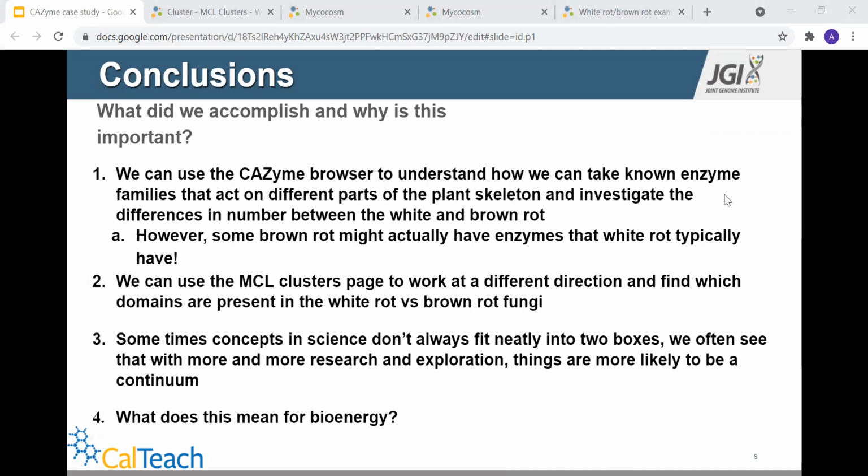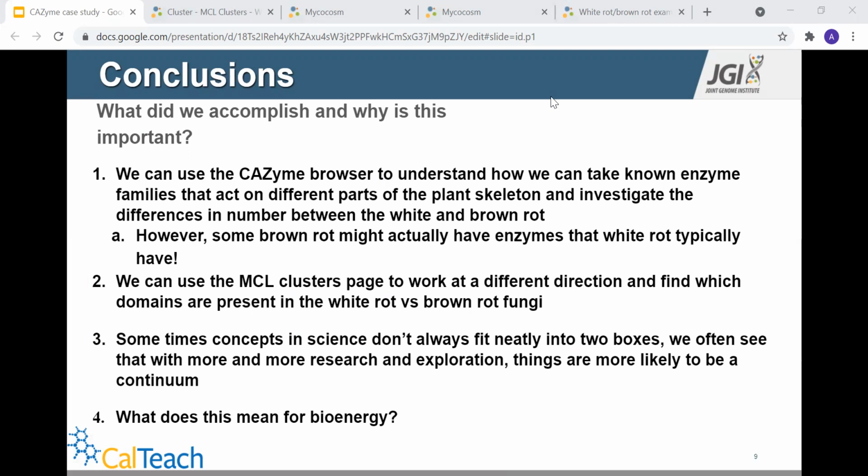And lastly, what does this mean for bioenergy? If you remember from earlier, hemicellulose and cellulose are sugars, and although white rot is able to degrade hemicellulose and cellulose, it does so very slowly, essentially fully degrading the lignin and leaving behind the sugars. With the sugars of the plant left behind, this can be used for bioenergy.